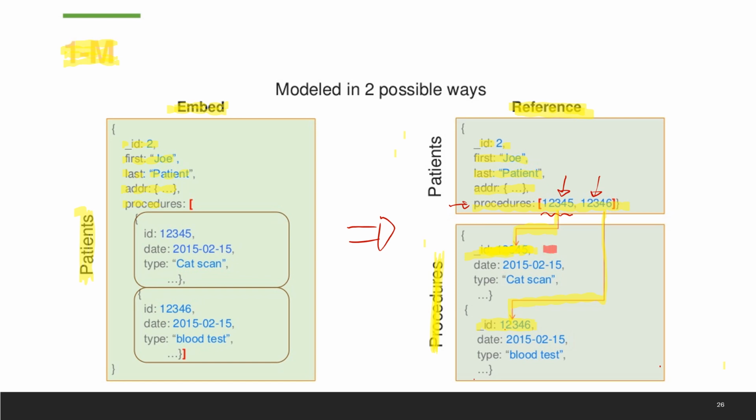This can be considered as the primary key, or the key of the document, right? Another one is another primary key, or the key of another document. Then this is the foreign key, referencing these two keys. Okay.